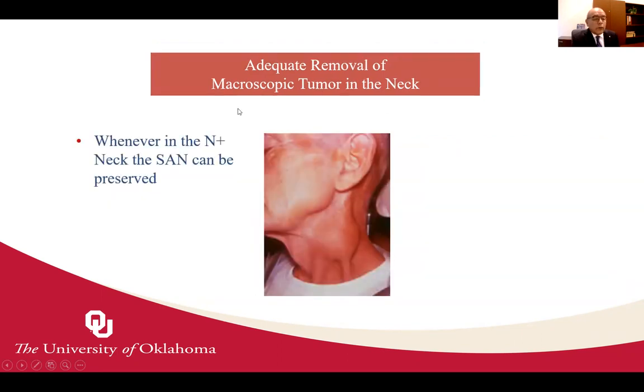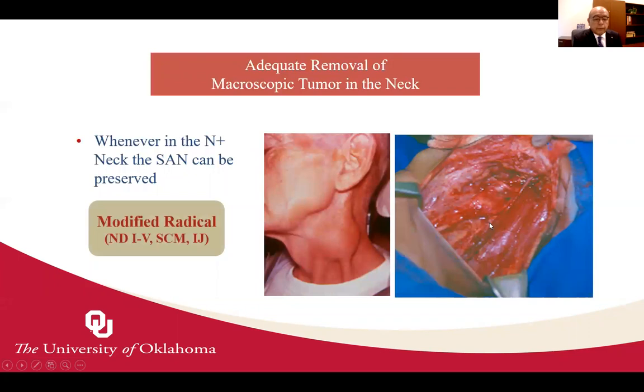Adequate removal when there is an N-positive neck and the spinal accessory nerve can be preserved without creating a plane of dissection, exactly in the same way as we deal with the facial nerve in parotid surgery, can preserve the spinal accessory nerve in a modified radical neck dissection, levels 1 through 5, with removal of the sternocleidomastoid and the internal jugular vein only.